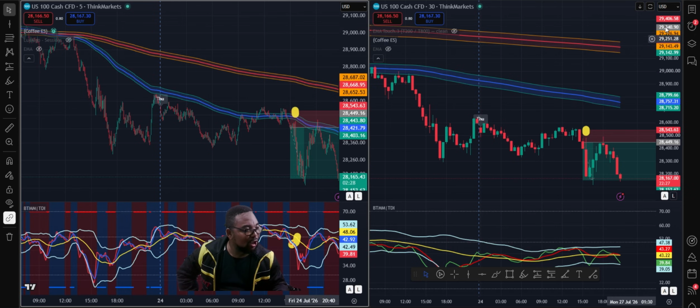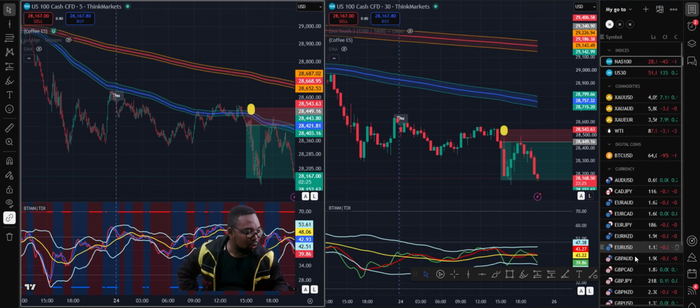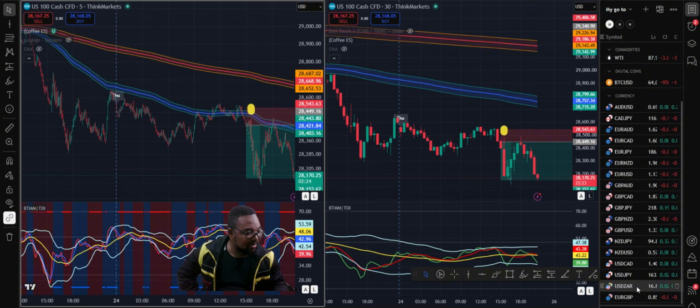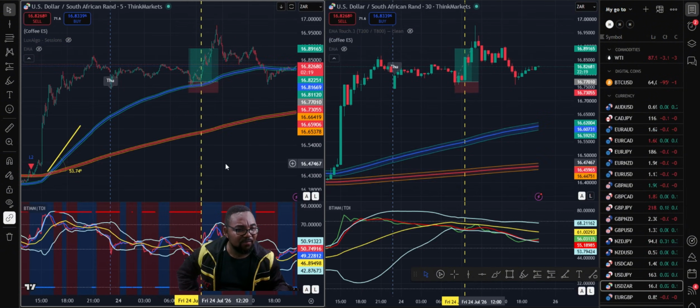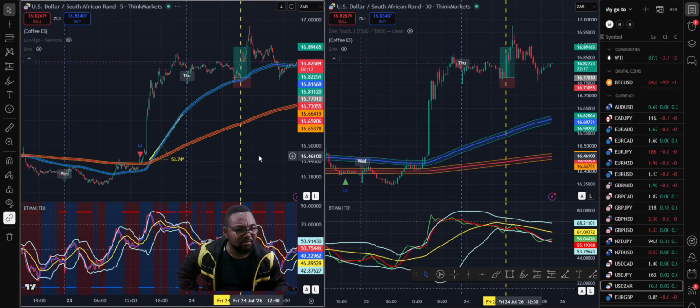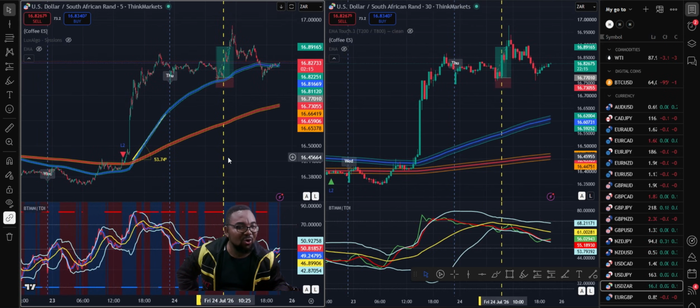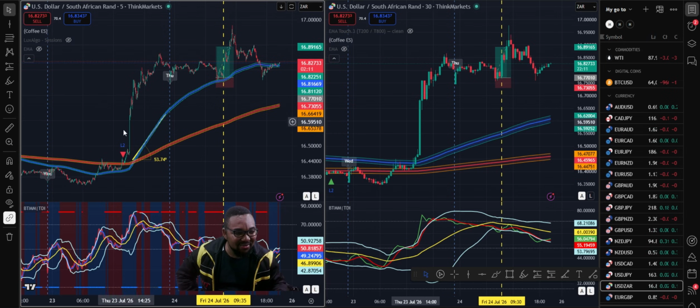Okay, let me also show you another setup we had on the USD ZAR. Okay, this is a USD ZAR, right? On the previous day, we had a nice catalyst, right? Driven by fundamentals, right?